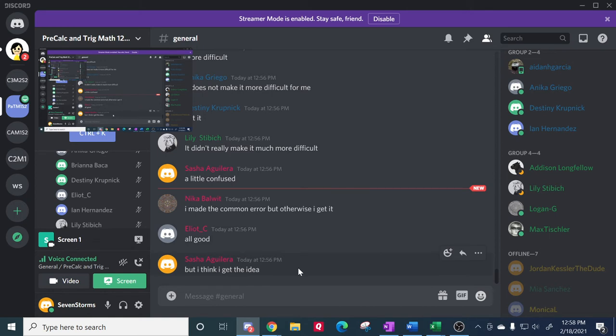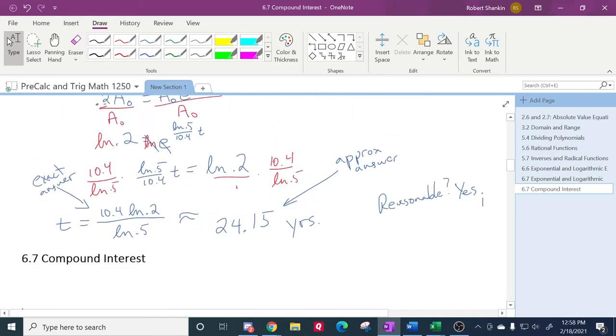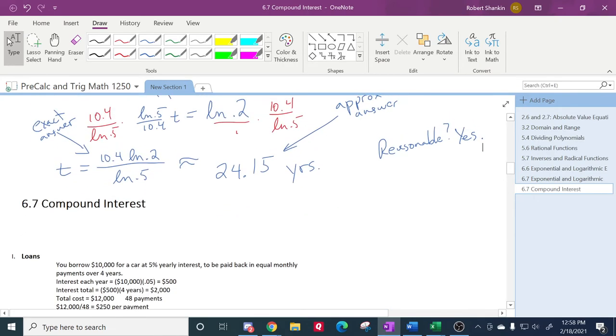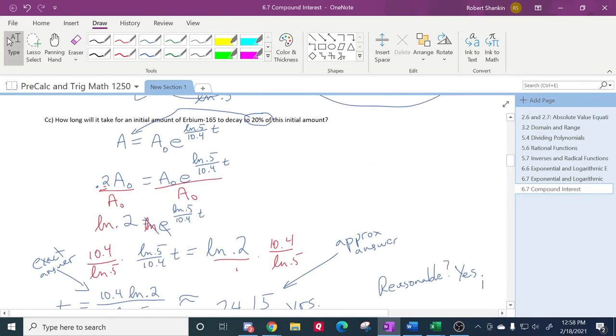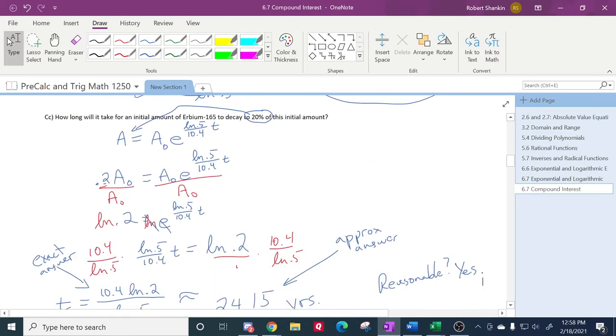Alright, so I think that's it for the practice quiz problems. So, questions that anybody has? I have number 5. And that was on the worksheet?